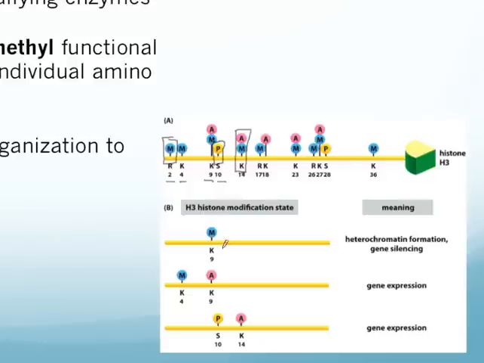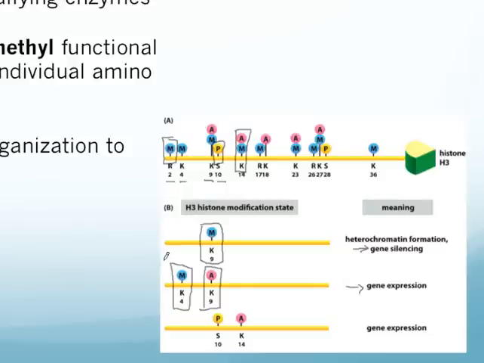And so if you look down here, each one of these covalent modifications affects the chromatin structure differently. So for example, methylation of lysine 9 will actually turn genes off. It'll result in gene silencing because it actually will wind the chromosome even tighter so that the DNA can't be accessed. However, in this example, methylation of lysine 4 and acetylation of lysine 9 will actually result in gene expression.